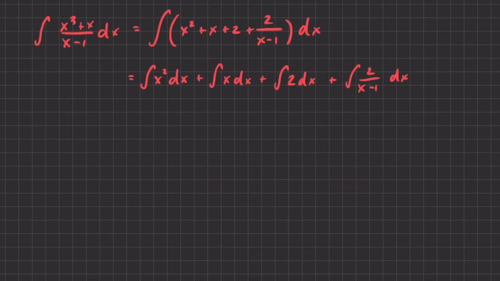Okay? Now, this is equal to 1/3 of x cubed plus 1/2 of x squared plus 2x plus 2 times the ln of the absolute value of x minus 1 plus c.